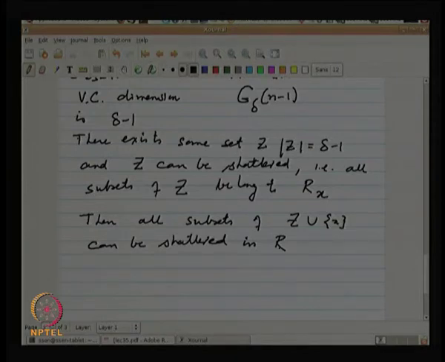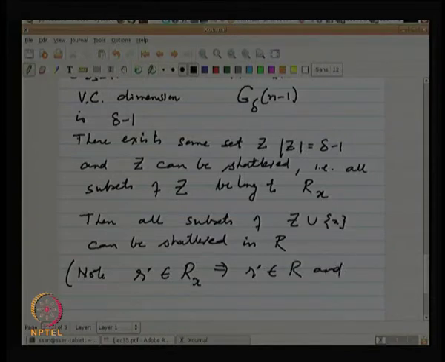Why? Because note R prime belongs to R x implies R prime belongs to R and R prime union x belongs to R, by definition.